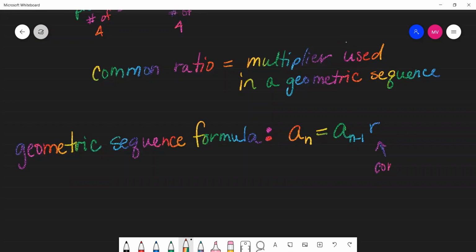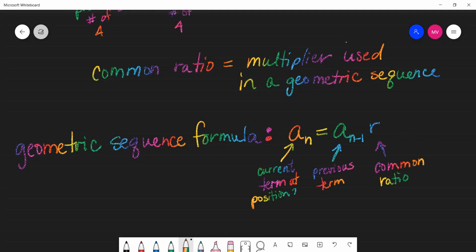This is your common ratio. And instead of adding the difference, we're multiplying by the ratio. So this is our previous or preceding term, and this is the one we're calculating, the current term at position n.